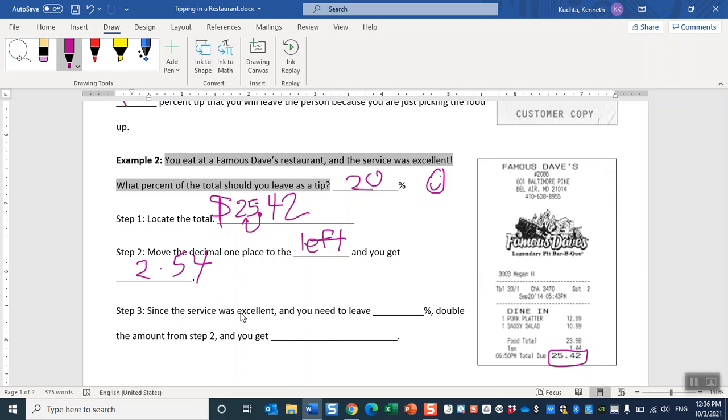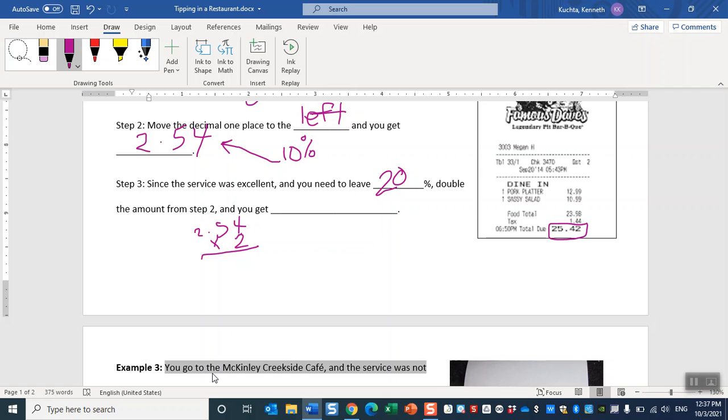Since the service was excellent, you need to leave 20%. Well, this is only 10%. How do I get up to 20%? I'm going to double it. I'm going to multiply this whole thing by 2. So double it. I'm going to multiply 254 times 2. Okay. All right.